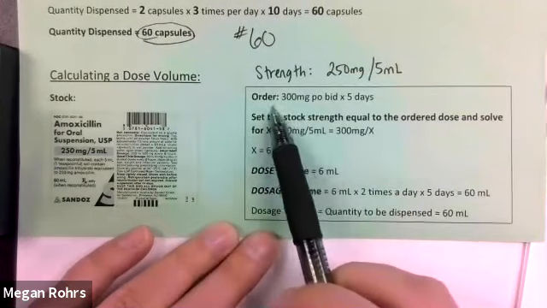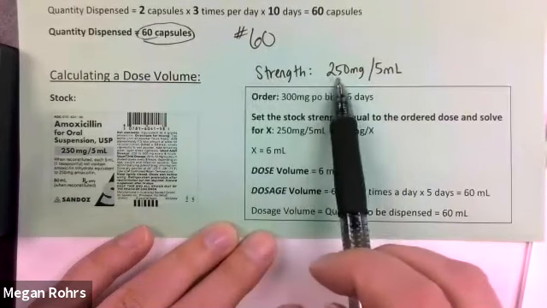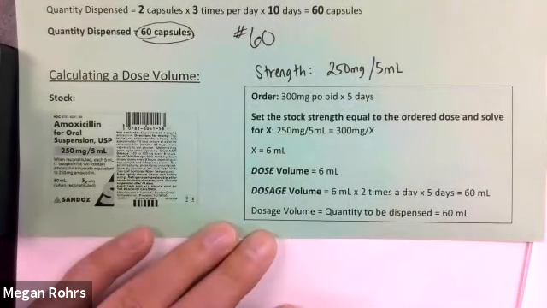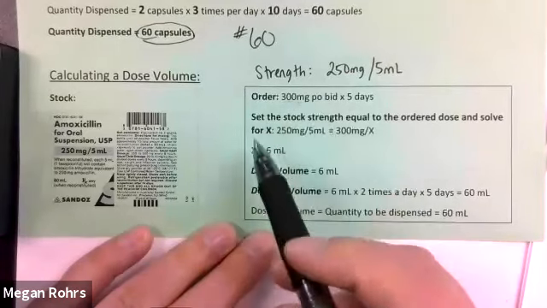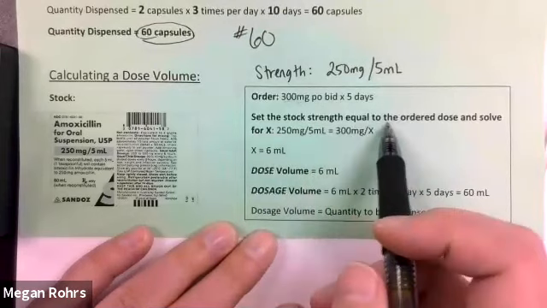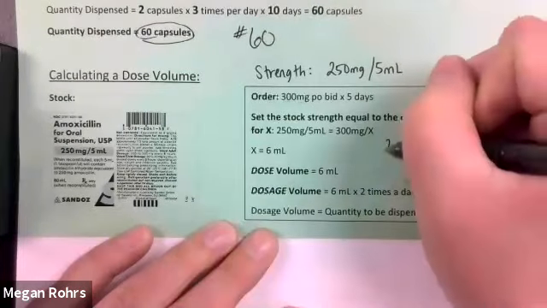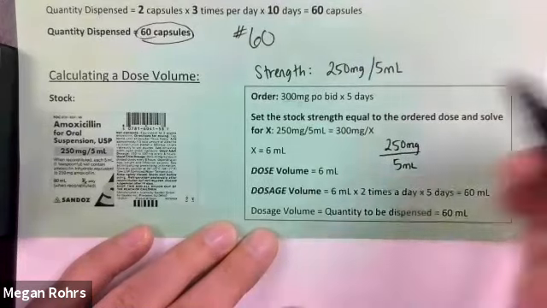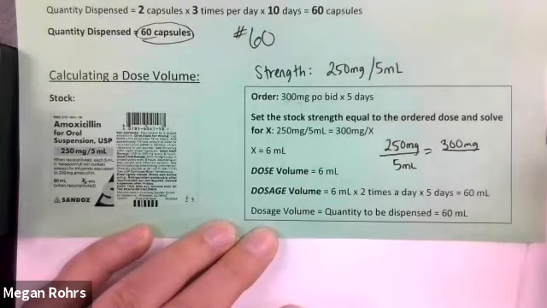Anytime you're given the strength in milligrams and you have the strength in milligrams per milliliter, we can just use a ratio and proportion to solve for how many milliliters will give us this 300 milligrams. So set your stock strength equal to the ordered dose and then solve for X. We have 250 milligrams in every 5 mils, and we need to give them 300 milligrams each time.